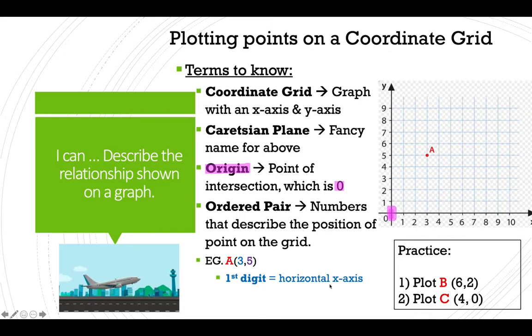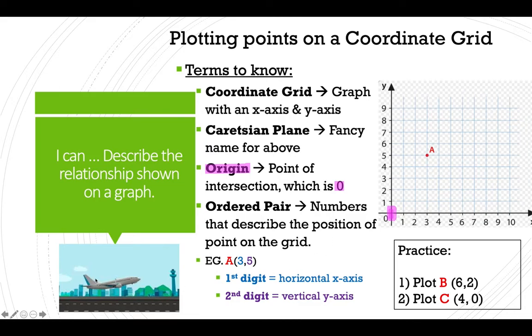And then, I think you probably have a guess, the second digit is the vertical y-axis. That tells us how far up we have gone. So the ordered pair for this location of A is 3 on the x-axis and then 5: 3 comma 5, which shows that we have gone up 5 places.